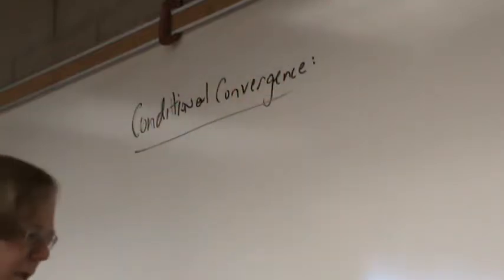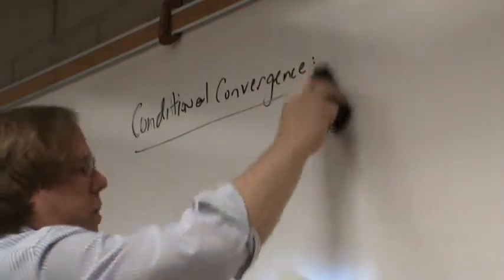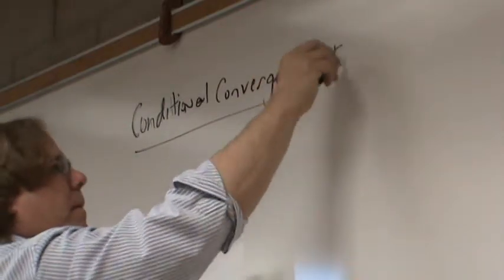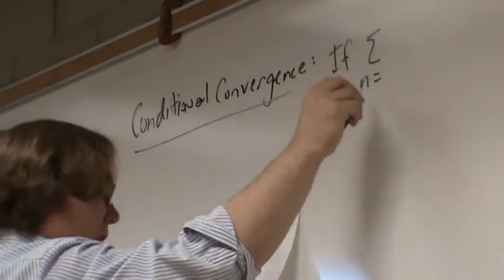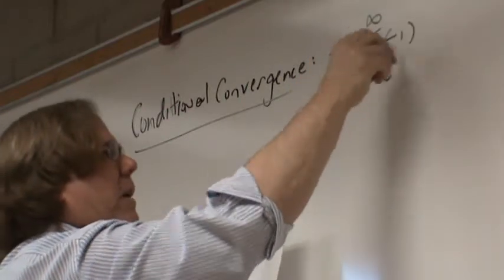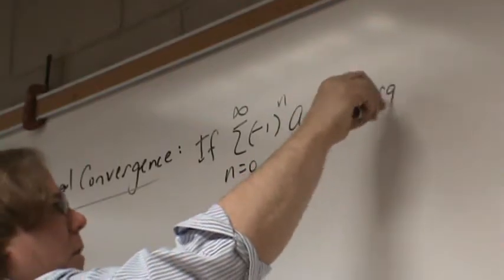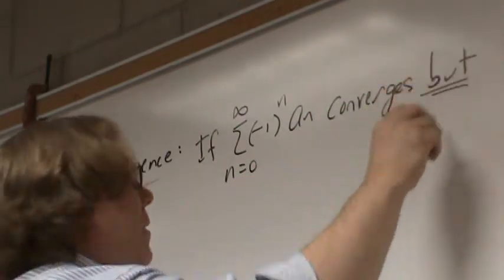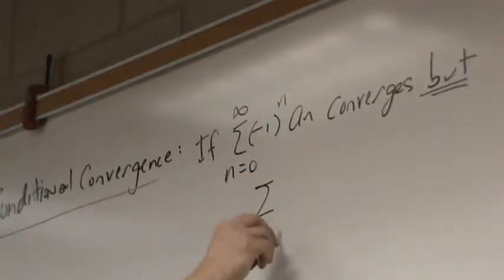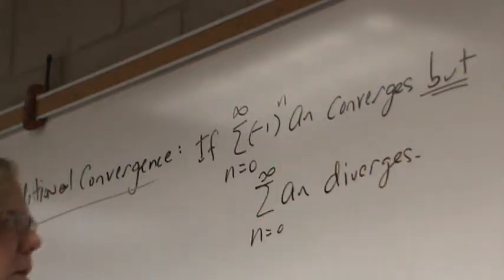Okay, you get conditional convergence if the sum as n goes from whatever, from 0 to infinity or 1 to infinity, it doesn't matter which, if the sum of the alternating series converges, but the sum of the non-alternating series, the positive cousin, diverges. Then you get conditional convergence.